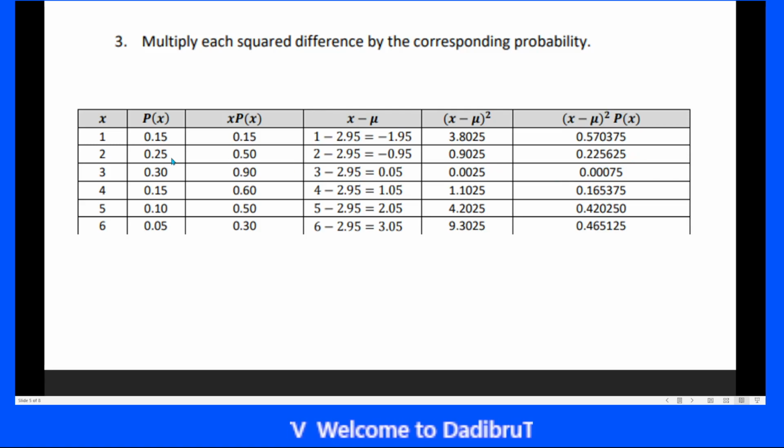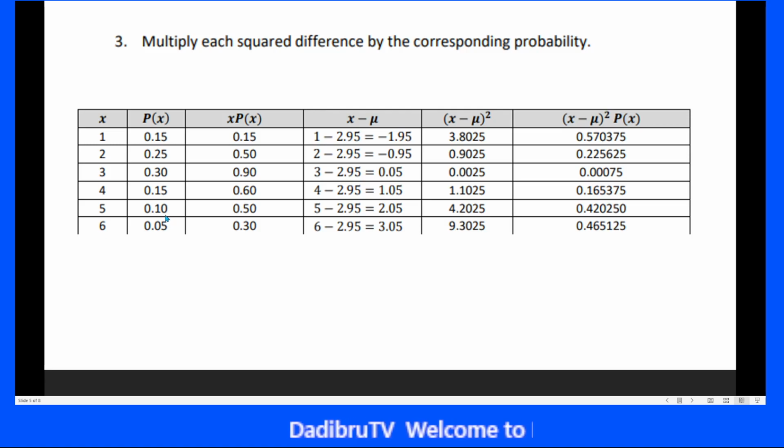0.225625. Next, 0.30 times 0.0025 is equal to 0.00075. Next, 0.15 times 1.1025 is equal to 0.165375.